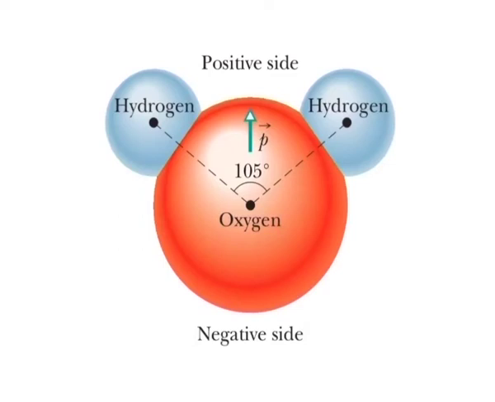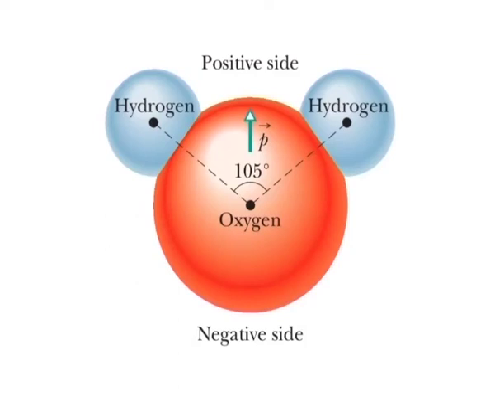Moreover, the 10 electrons of the molecule tend to remain closer to the oxygen nucleus than to the hydrogen nuclei. This makes the oxygen side of the molecule slightly more negative than the hydrogen side and creates an electric dipole moment P that points along the symmetry axis of the molecule as shown.